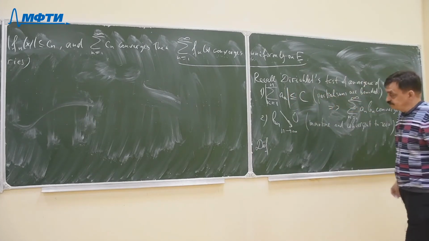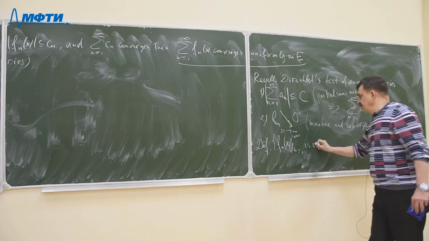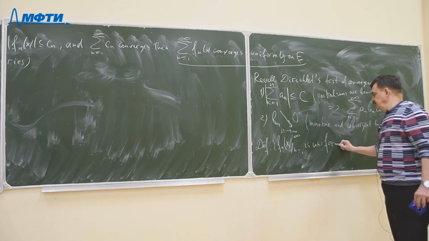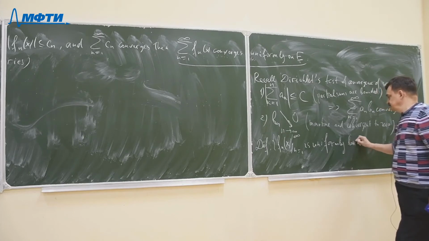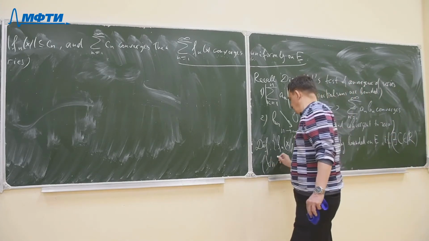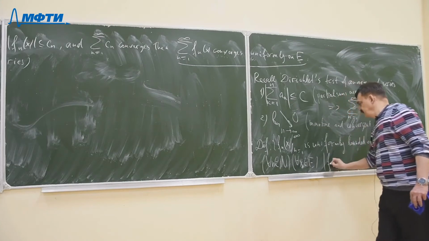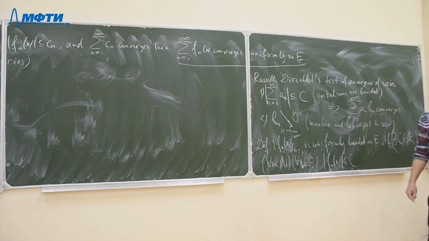So, definition. A sequence fn is uniformly bounded on E if there exists a real constant C such that for all natural n and for all x in E we have |fn(x)| less than or equal to C. So look, what is uniform boundedness? Without uniform, what does bounded mean?